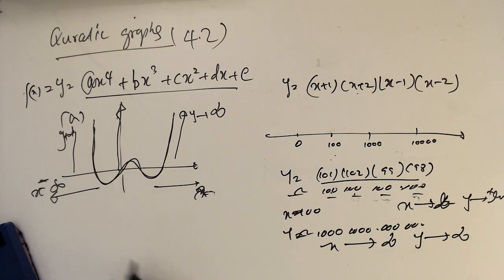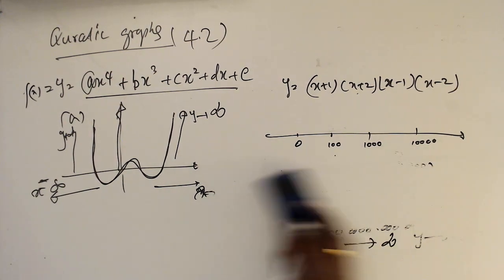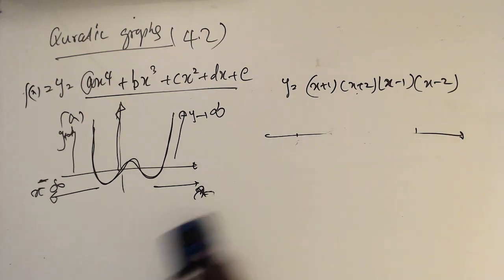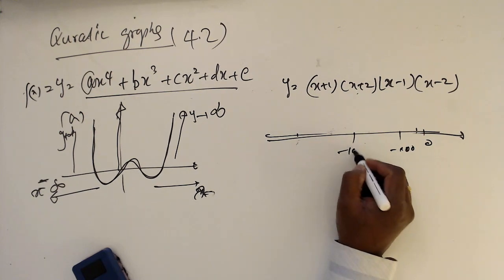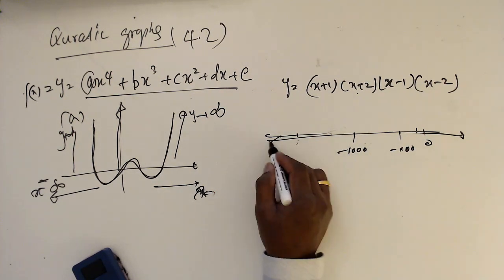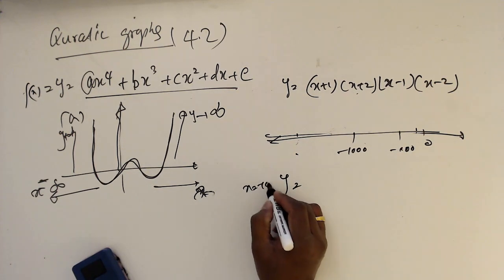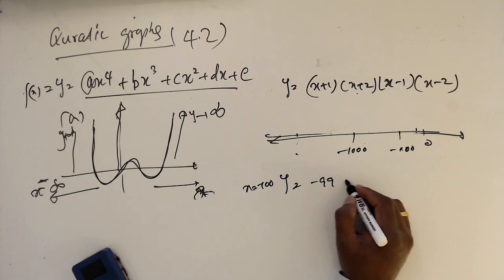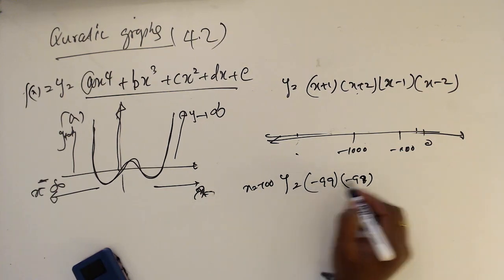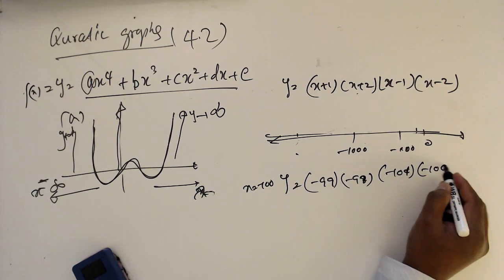In the same way you can check when you put in negatives: 0, minus 100, minus 1000. Likewise, if you put x equal to minus 100, this is minus 99, minus 98, and this is minus 101, and this is minus 102.